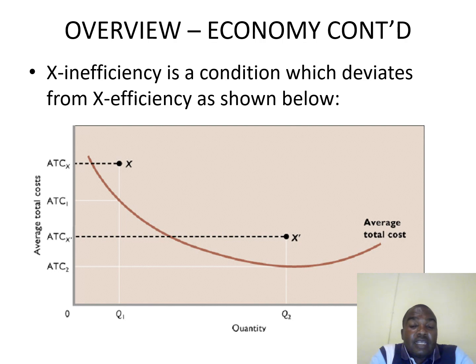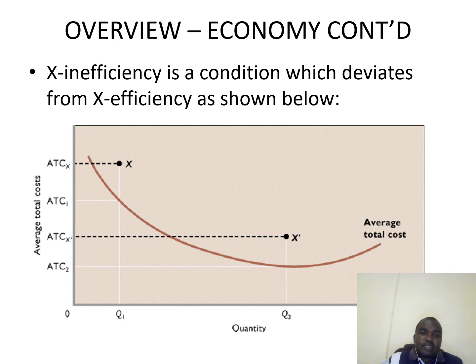X efficiency can also be illustrated by points X and X prime. At points X and X prime, we can readily see that the firm is actually operating above the given average total cost curve. Thus, to produce a given quantity of output Q1, instead of this firm incurring ATC1 level of costs, it is incurring a TCX level of costs.